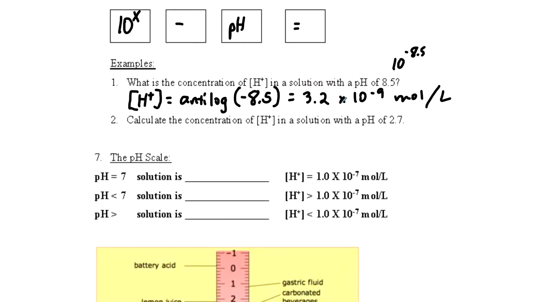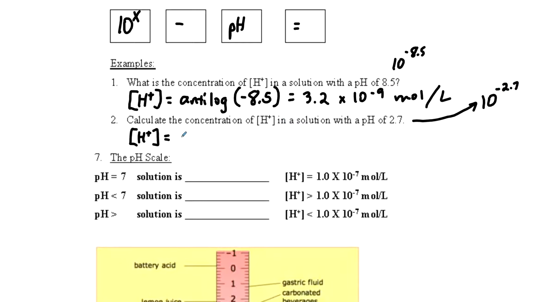So we'll compare this concentration. So we've got 8.5, so we're on the basic side of the pH scale, but just a little bit above the neutral point. And we'll compare that to a solution with a pH of 2.7 and see how the hydrogen ion concentrations compare. Okay, so we're going to do the H plus concentration. Now again, this is the same as 10 to the power of negative 2.7.